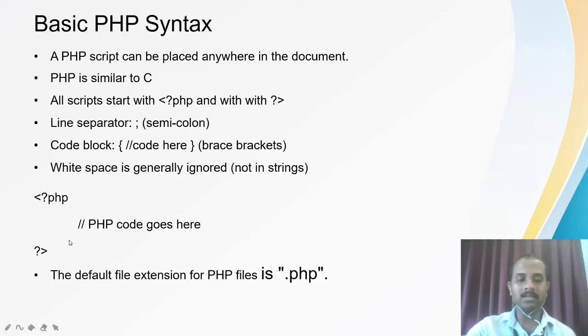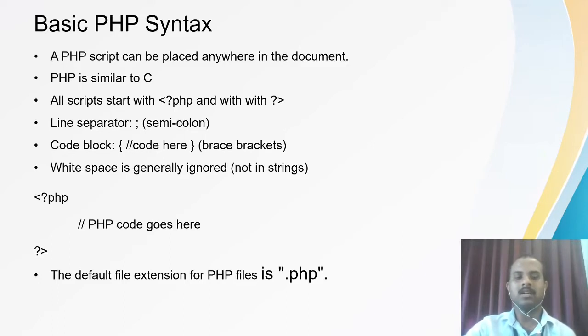So coming to here, inside these two tags you will have the PHP code. And similar to C, the statements will end with a semicolon. And let us say you have a code block, that is a set of code.